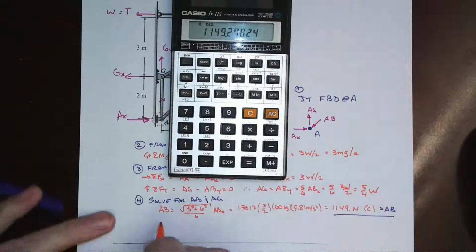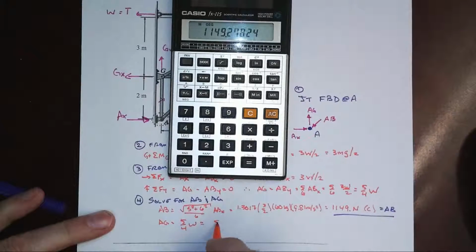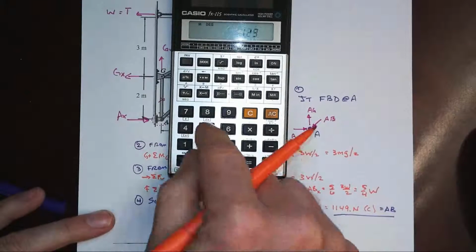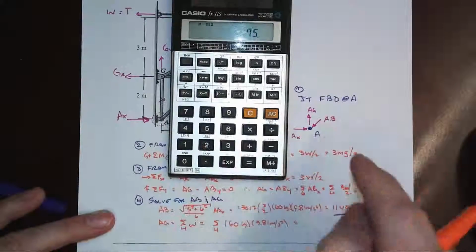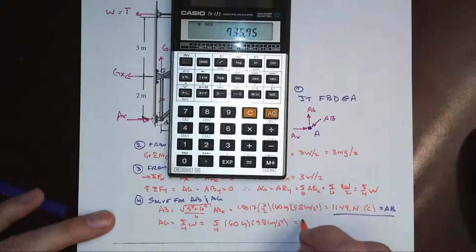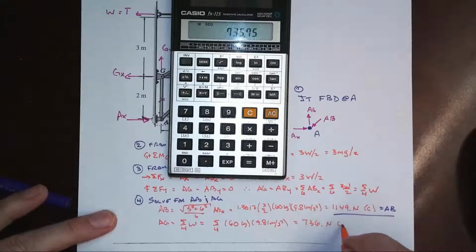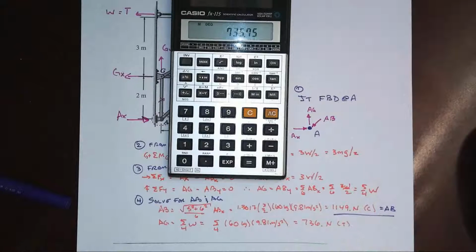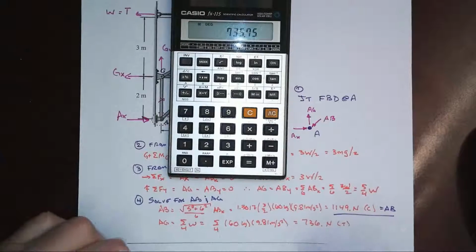And then for AG, we get 5/4 of W, so 5/4 of the mass times the acceleration of gravity. And so 1.25 times 60 times 9.81 equals 736 newtons in tension. And there's your two forces.